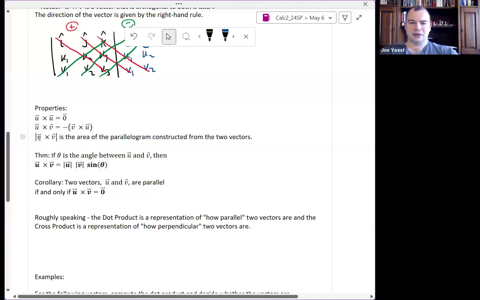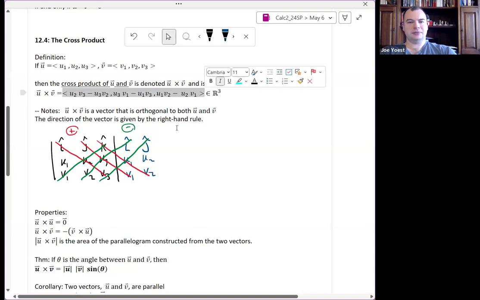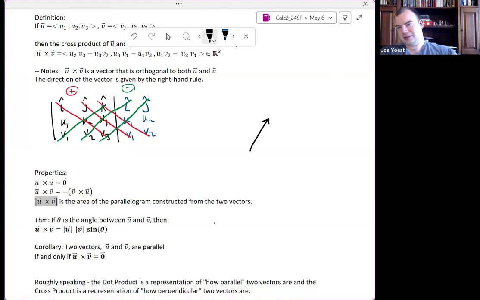Now the cross product is a vector. As a vector, it has a length, a magnitude, and a direction. And what is the magnitude of the cross product? If we consider two vectors, vector U and vector V, and we consider the parallelogram made by something similar to a U plus V construction, I have this parallelogram with an enclosed 2D area.